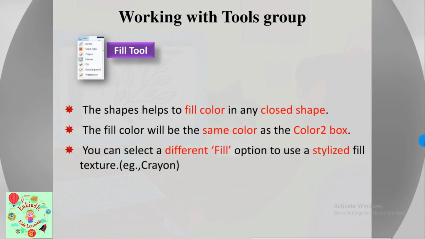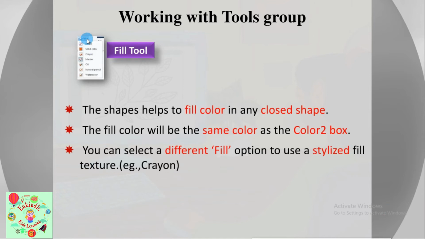The second option is the fill tool. This tool helps to fill color in any closed shape. The fill color will be the same color as the color 2 box. You can select a different fill option to use a stylized fill texture, for example, crayon.